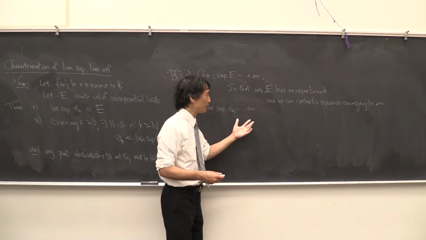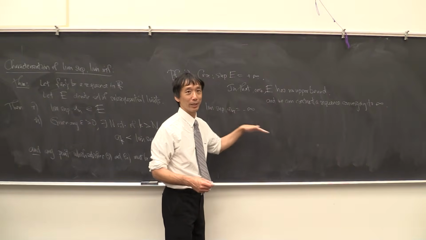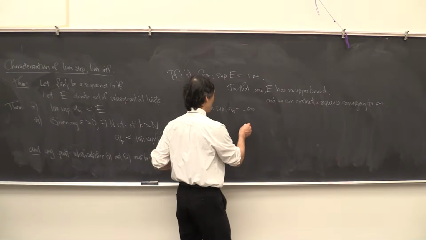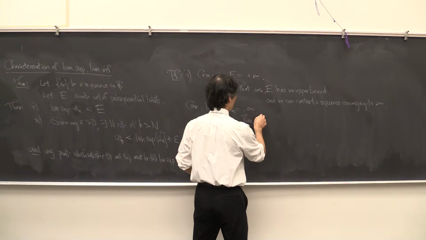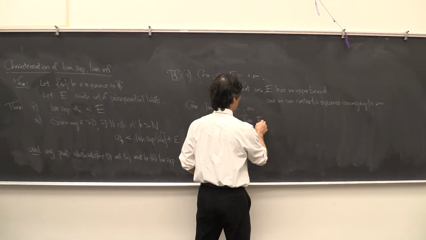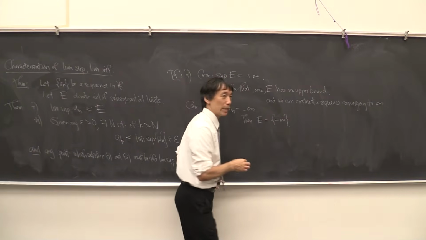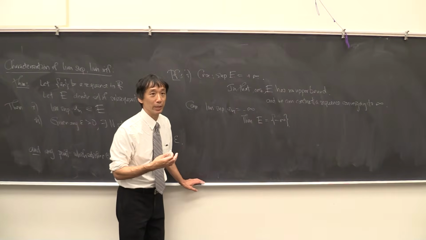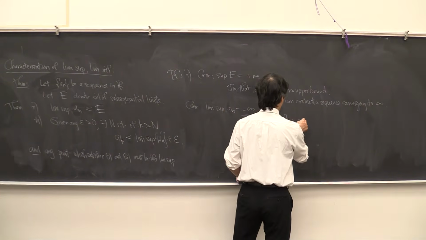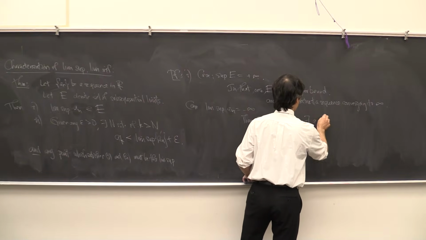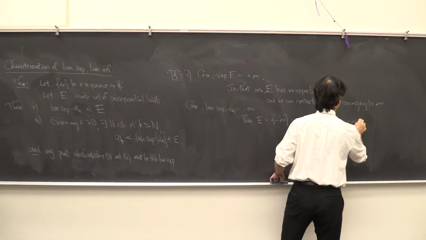In this case, this literally means that there must be a subsequence going to negative infinity, right? So E can only contain the point negative infinity, so there exists a subsequence converging there.